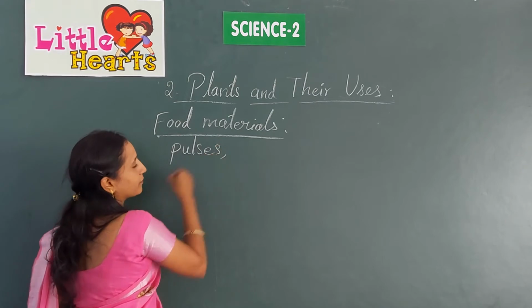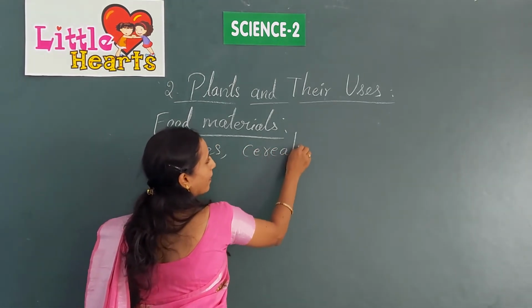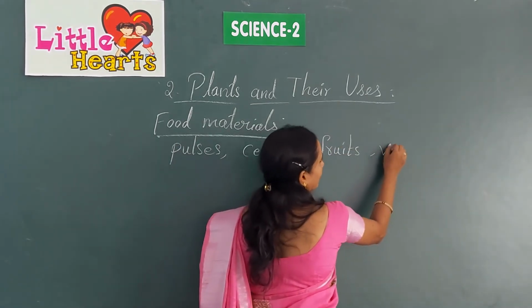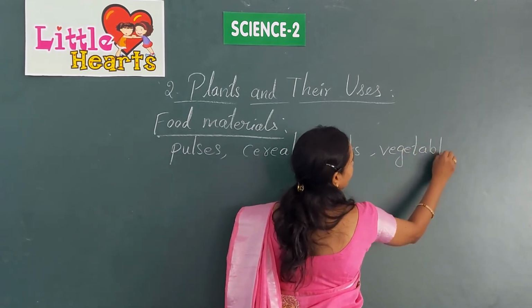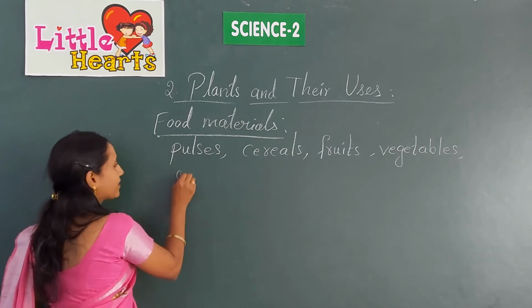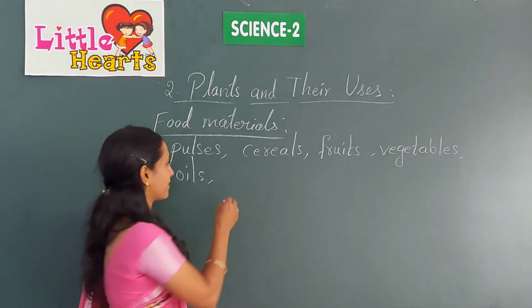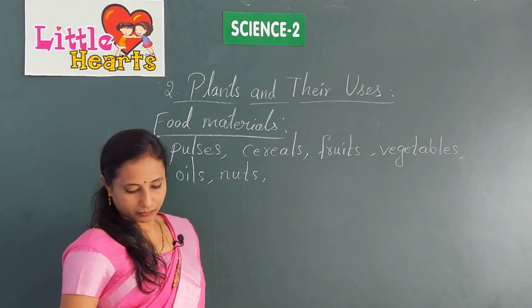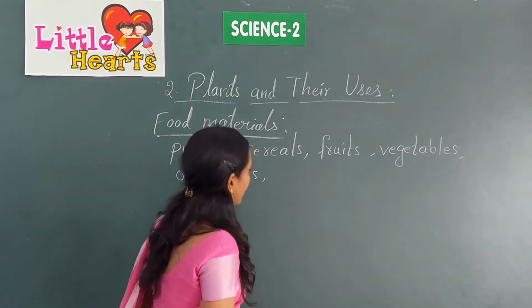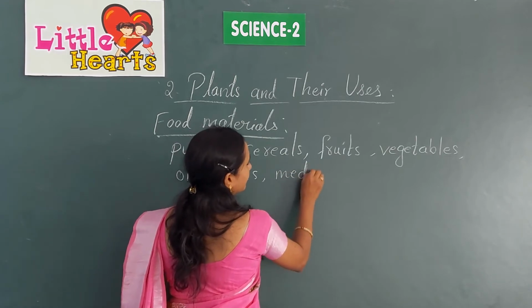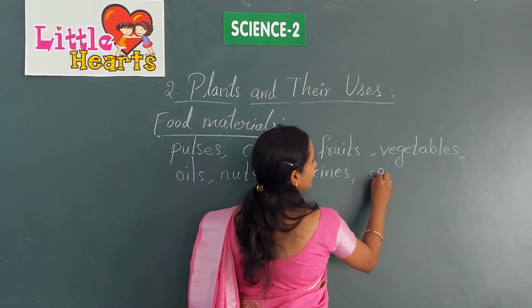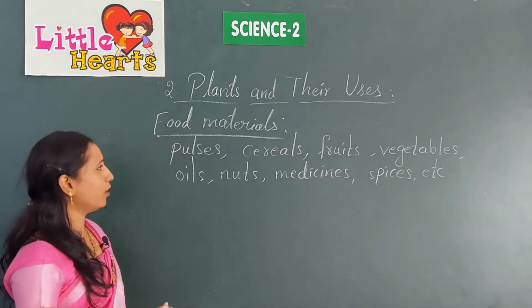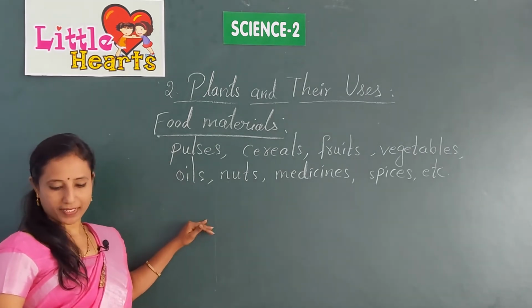Pulses, cereals, fruits, vegetables, oils, nuts, medicines, spices, etc. There are many things which we get from plants, isn't it? So let's go one by one, step by step.